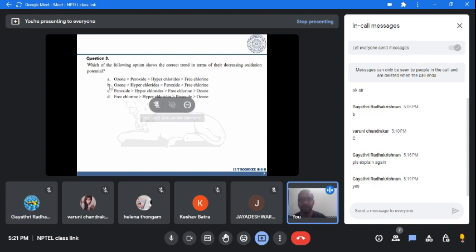Option B is ozone, then hypochlorite, then peroxide, then free chlorine. C is peroxide, then hypochlorite, then free chlorine, then ozone. D is free chlorine, hypochlorite, peroxide, then ozone. If you know, please answer in the comment box.